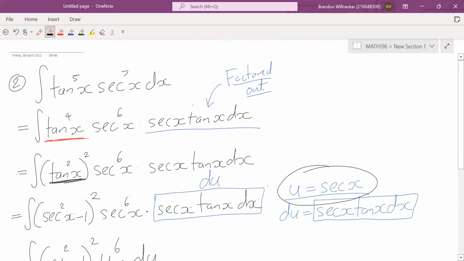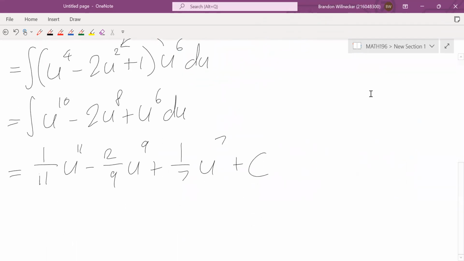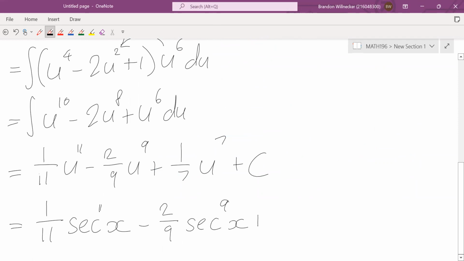We still need to put the sec x back. Okay, so we put it back inside where u was. So we're going to get 1 over 11 sec to the 11x minus 2 over 9 sec to the 9x plus 1 over 7 sec to the 7x plus c.